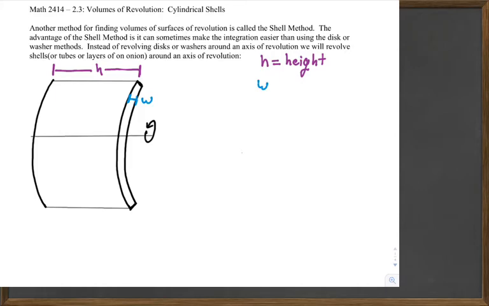Think of this as a layer of an onion, and that's going to be our width. And then p is going to be like an average radius, right in the middle of the shell. That's the distance from the axis of revolution to the middle of the shell.